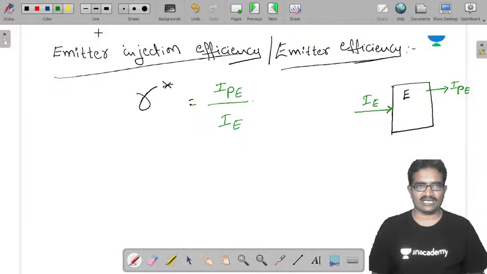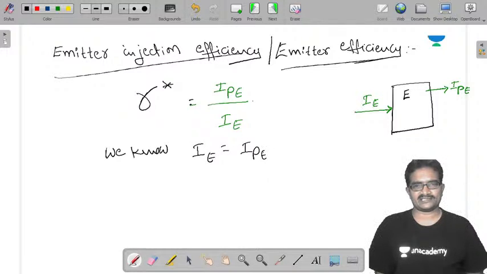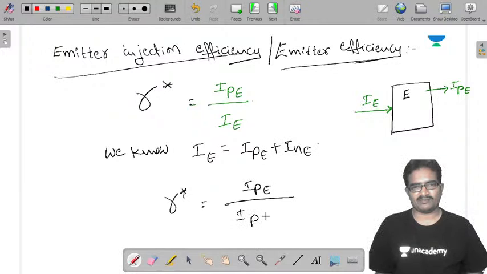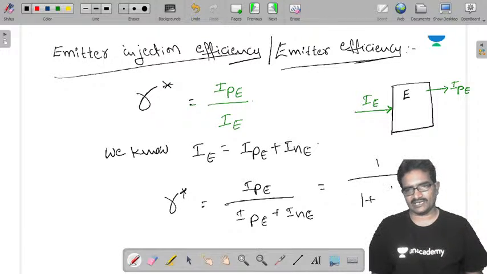And we know the emitter current IE value. IE is IPE plus INE, as we have written before. Therefore gamma star is IPE by IPE plus INE. So we can write it as 1 by 1 plus INE by IPE.